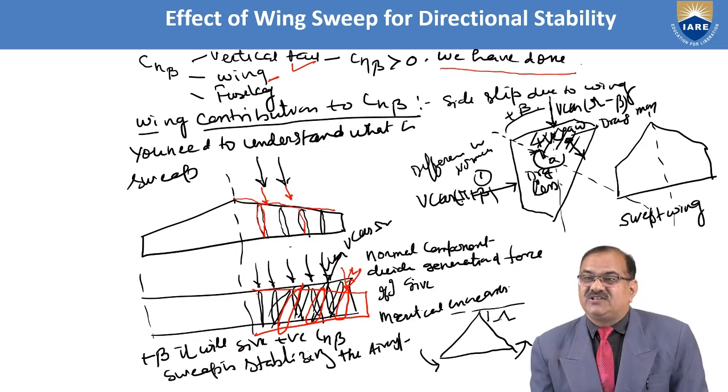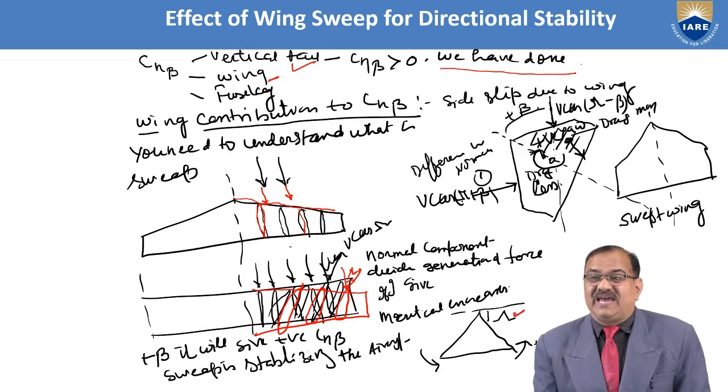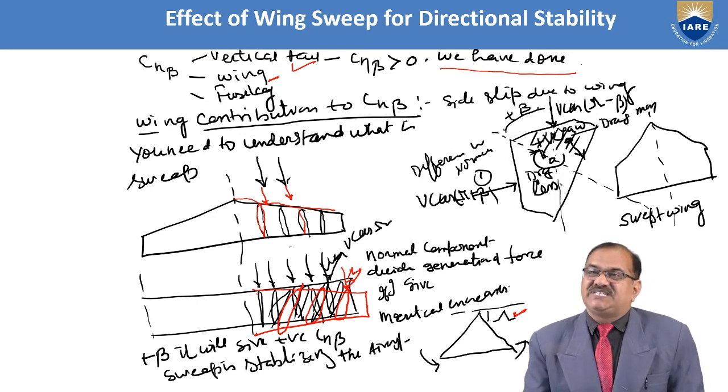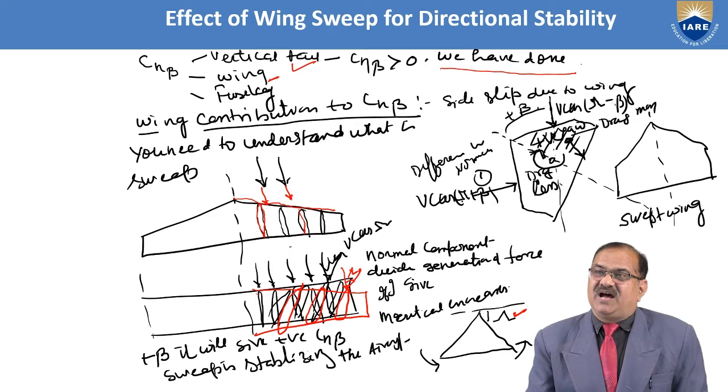Here you can see this is the sigma. This sigma angle we have to put, and when beta comes, the actual velocity direction is V cos of sigma minus beta. So the angle of attack will be V cos(sigma minus beta).